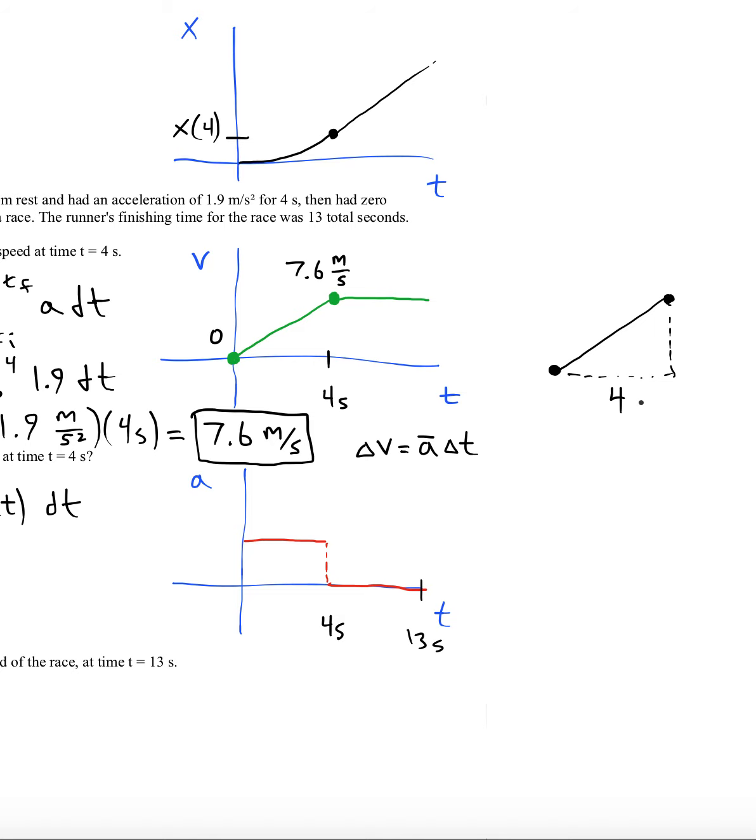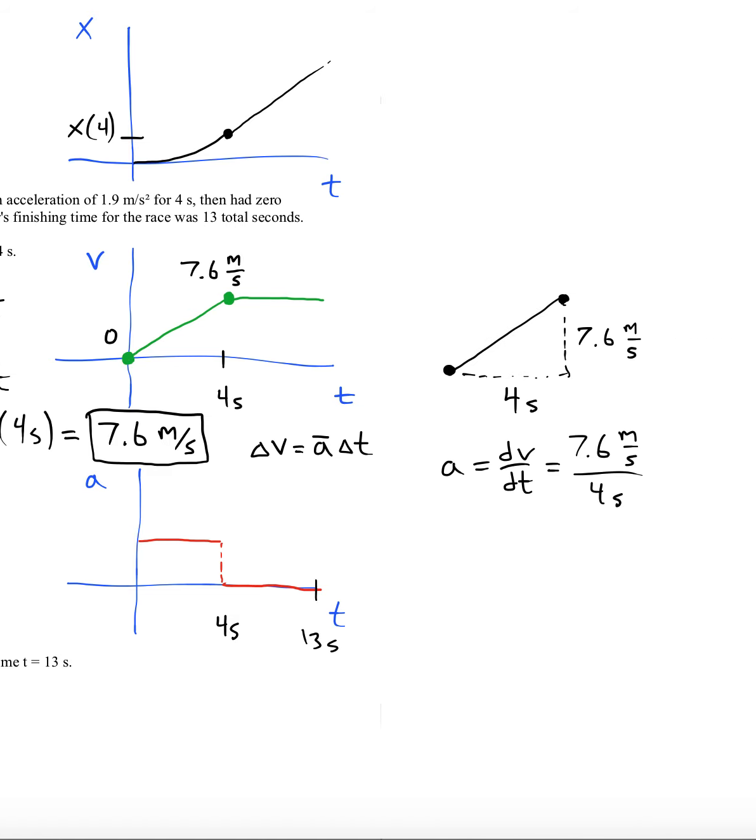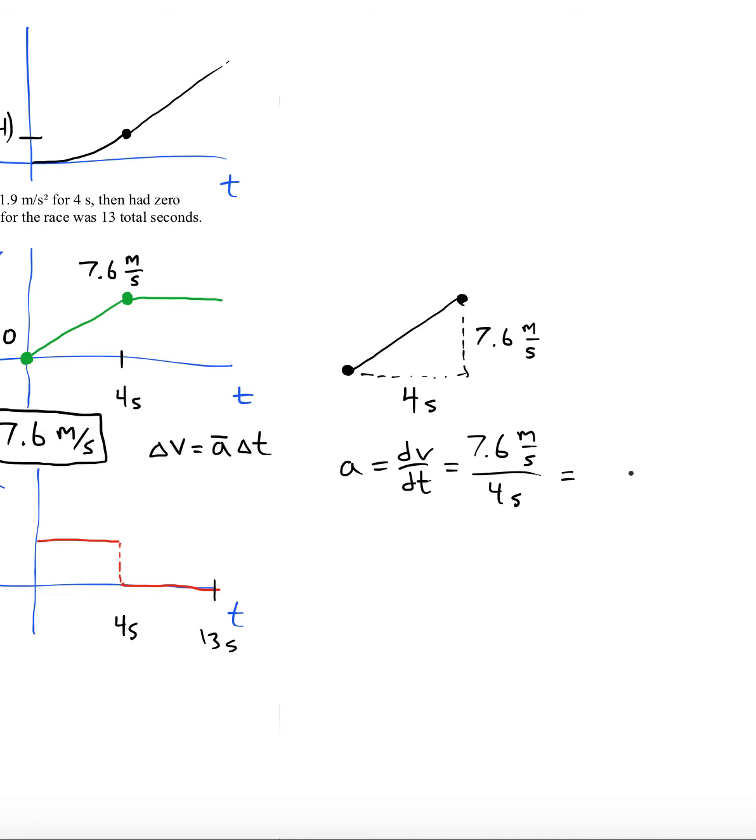There's a run of 4 seconds and a rise of 7.6 meters per second. We need to know what that slope is. Okay. And the slope is simply the acceleration. So it's going to be 7.6 over 4 seconds. Not surprisingly, I think, the slope is 1.9 meters per second squared.